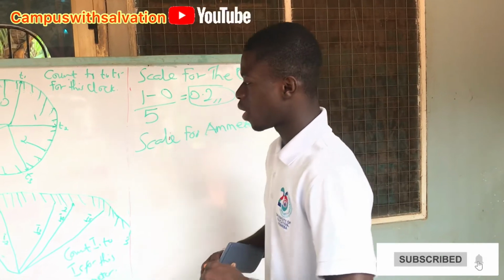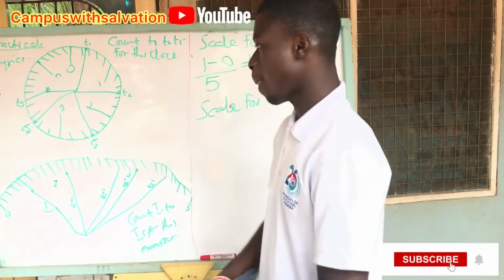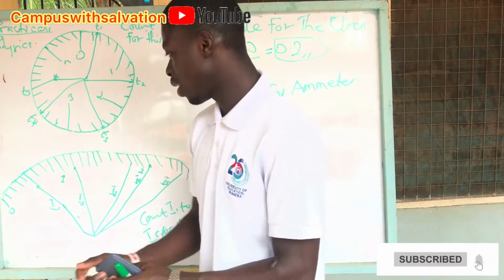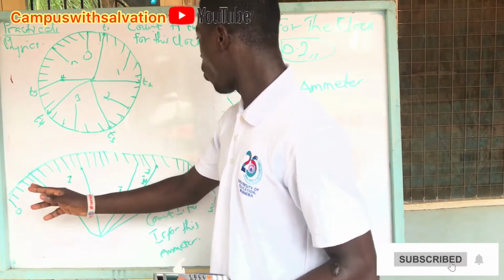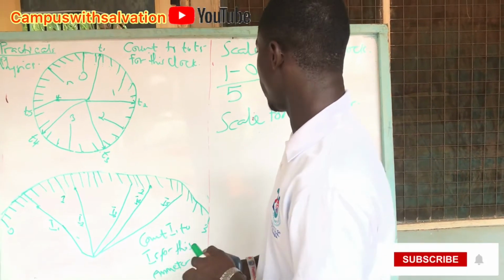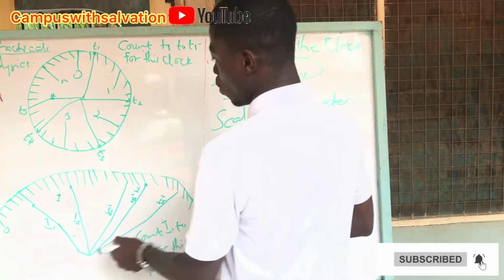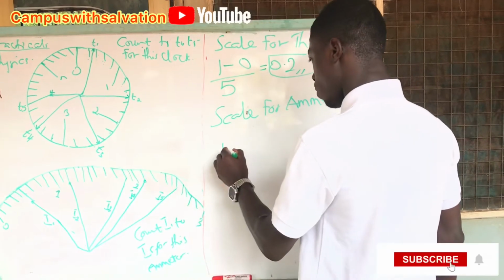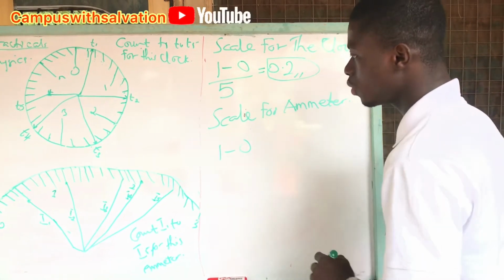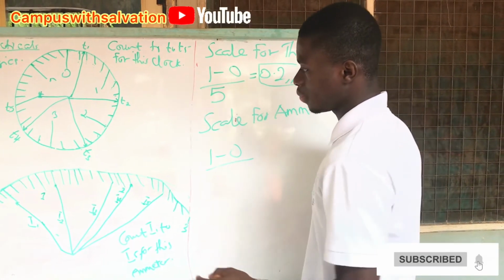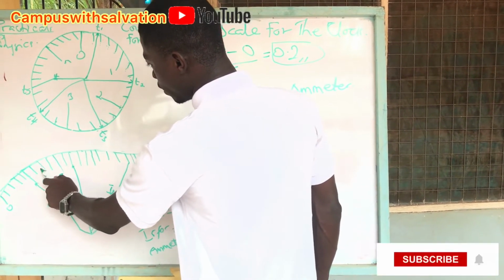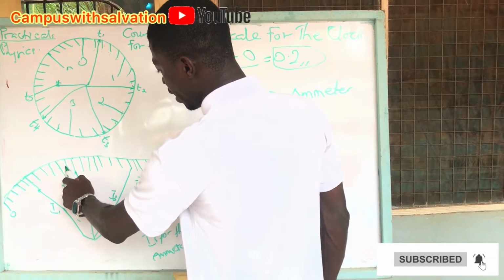So let's get our scale. The same principle. We have 0 here, we have 0 here. Please watch it. So here, the first figure here minus the 0 here: 1 minus 0, divided by where it will fall. 1, 2, 3, 4, 5, 6, 7, 8, 9, 10.